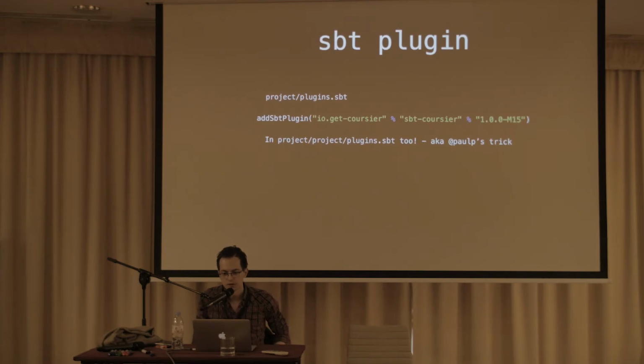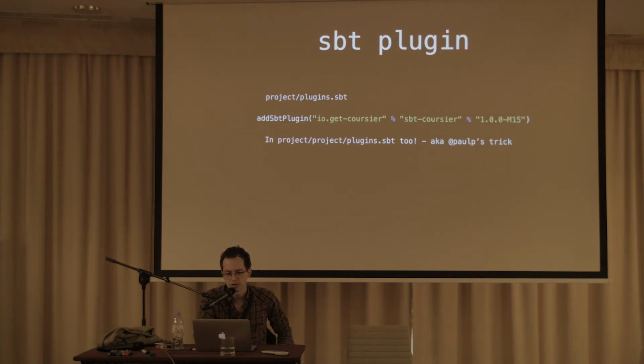And a last important component of Coursier is its SBT plugin. To use it, we can just throw it into the class path this way. So we add this plugin in project/plugins, and if we have a bunch of other plugins along with it, and we want them to be downloaded by Coursier, we can also add Coursier in the parent project of our project.